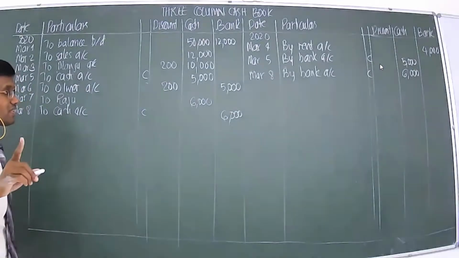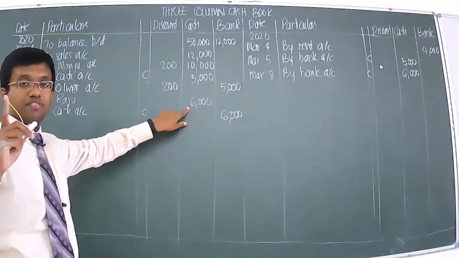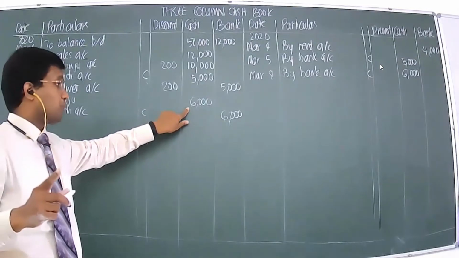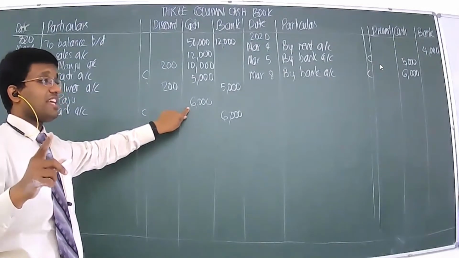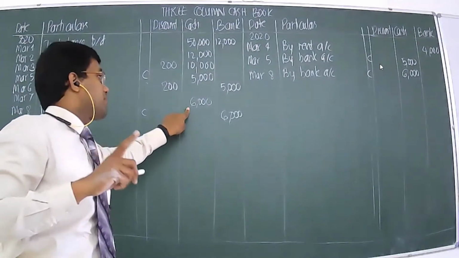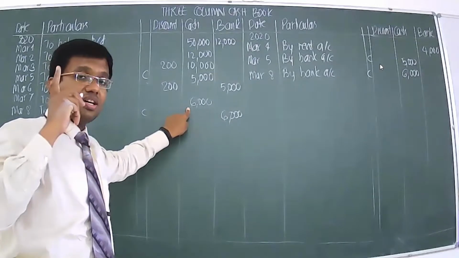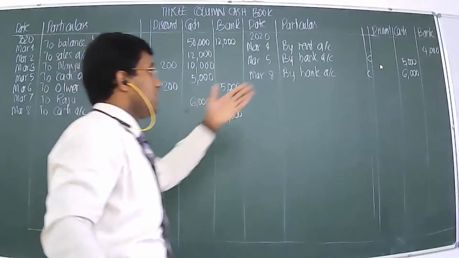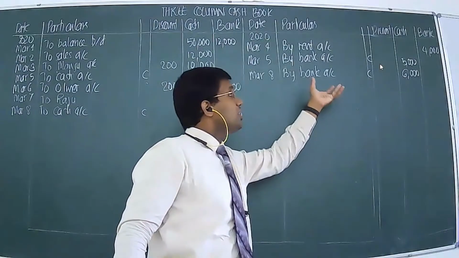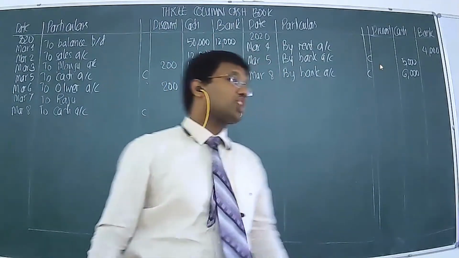I'll repeat this transaction once again. Here, March 7th, you have received a check from Raju. However, when you received this check, you were not in a position to deposit it, because of which on 7th of March, you're treating this as a normal cash transaction. March 8th, you're taking the check, going to the bank, depositing the check over there.